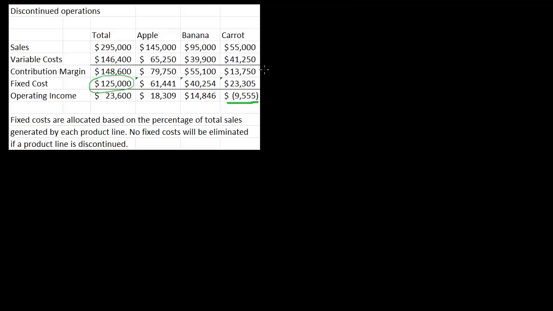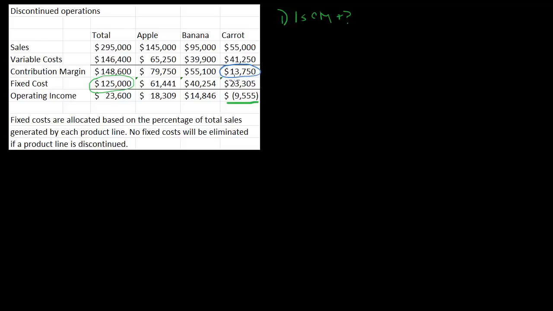So here's what we want to look at. Number one, is contribution margin positive? Okay, so is the product generating a positive contribution margin? If you look at this, carrot is generating a positive contribution margin.